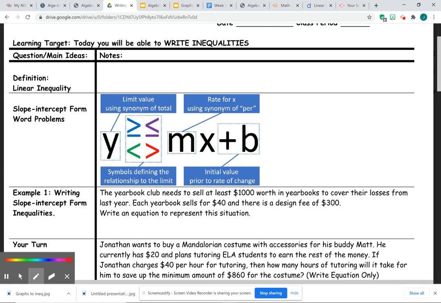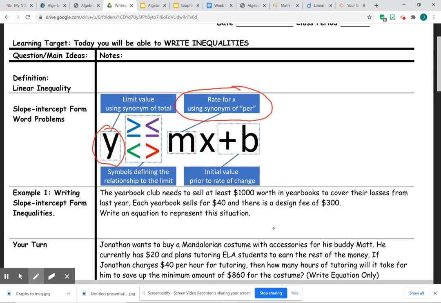So first off, when we're talking about this y, what we're talking about is some kind of limit value in the situation. And then the slope, we're going to use some kind of synonym for per or each, something that means to multiply by however many items x is and whatever x represents.